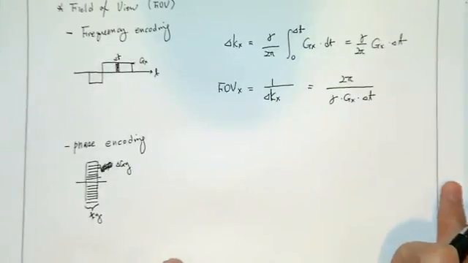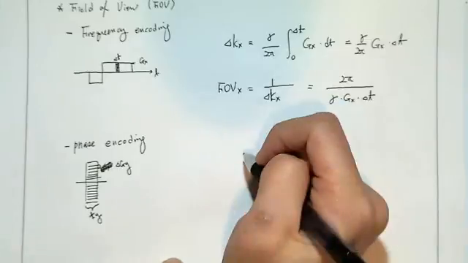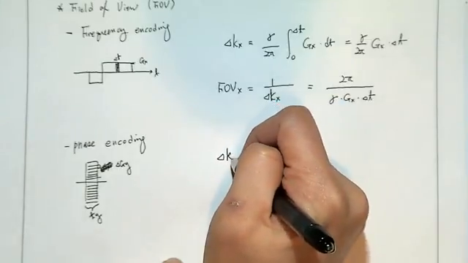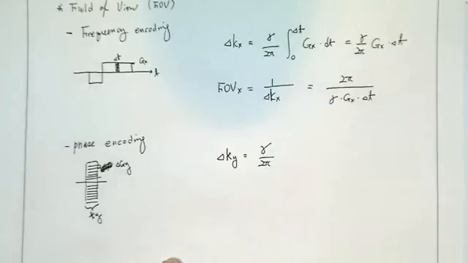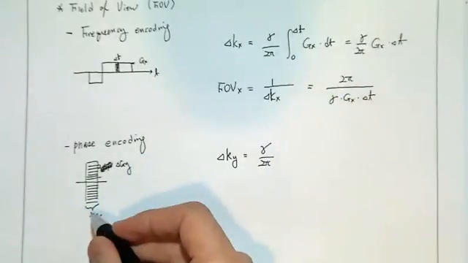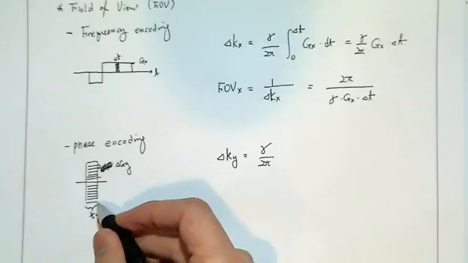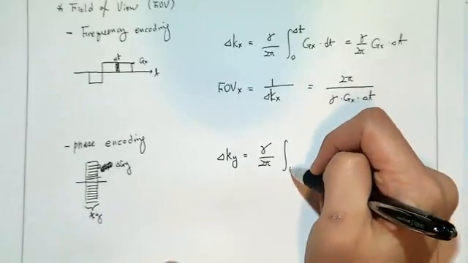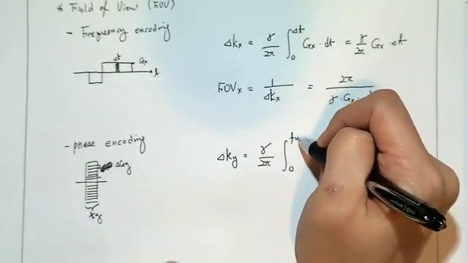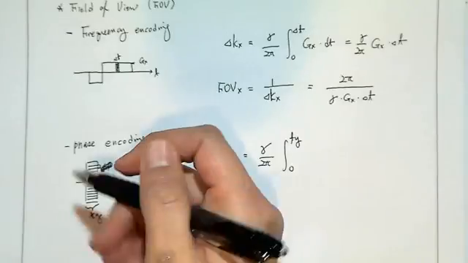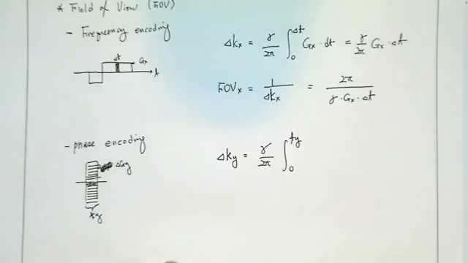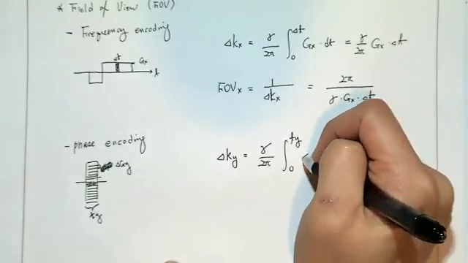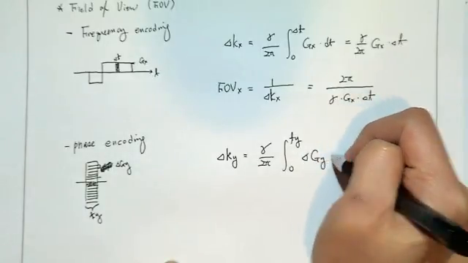So we're also going to take a look at delta ky. So delta ky is what? Gamma over 2 pi, right? In this case, the time duration from 0 to ty, but then we're only looking at this area, right? So that's going to be delta gy dt.